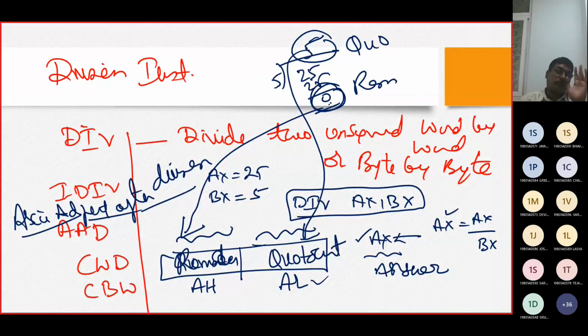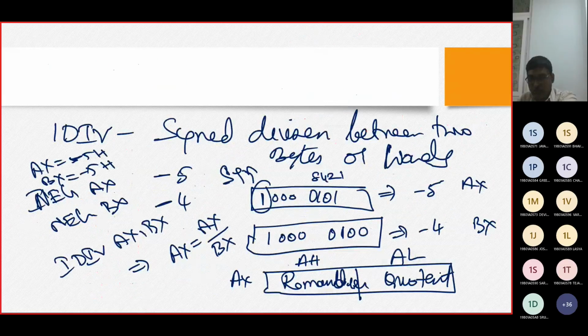If it is greater than that value, we normalize it and bring it into the normalized range. For that, we use ASCII adjust after division. The answer is in the accumulator, and if it is above the range, it has to be brought inside the range. To do that, we use AAD.